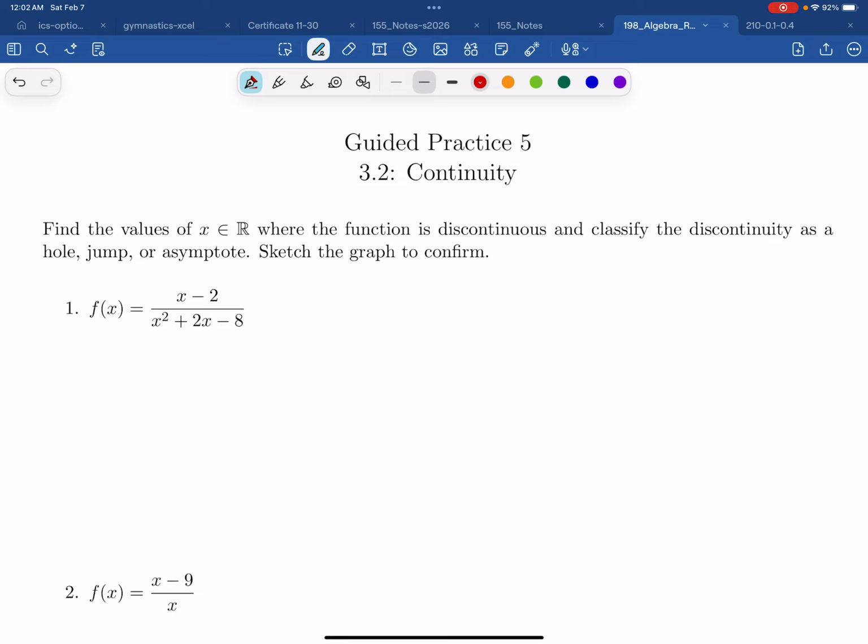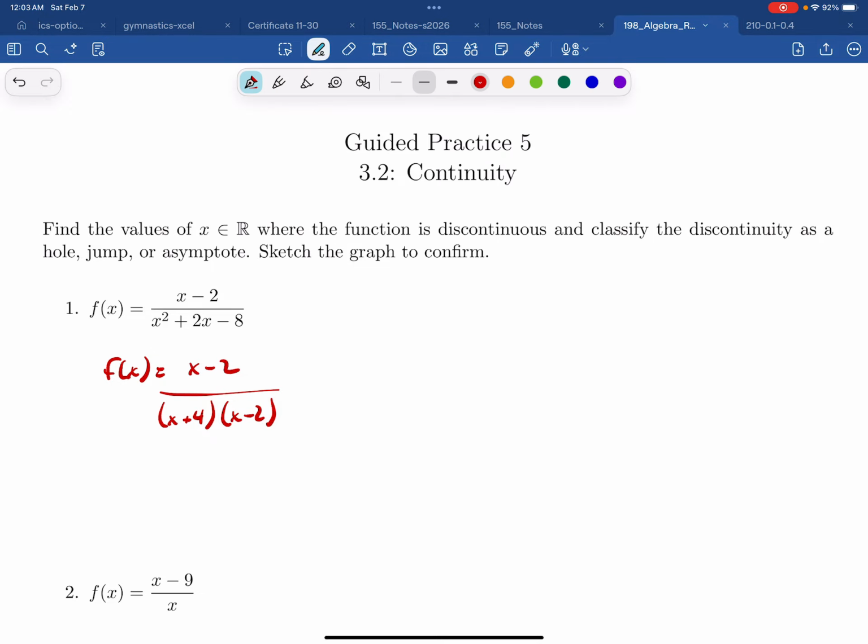Right here we have a rational expression, polynomial over polynomial, and one thing you want to note is that f of x equals... we always have to be careful whenever we're dividing by something, we have to make sure we're not dividing by 0. If we do this out, I think we're going to get x plus 4 times x minus 2 in the denominator.